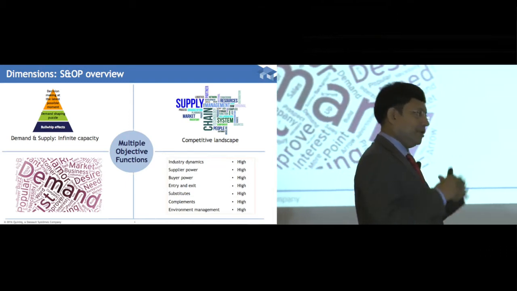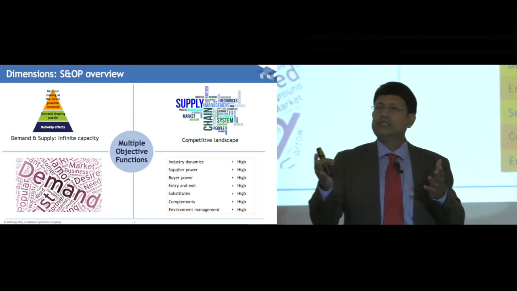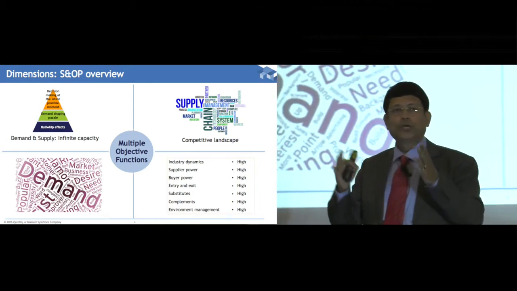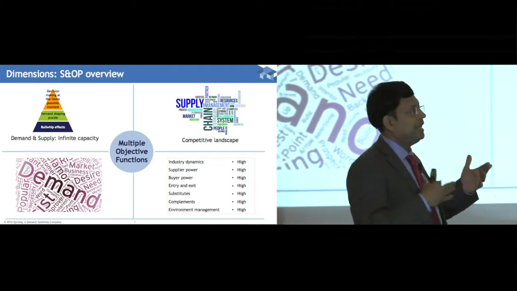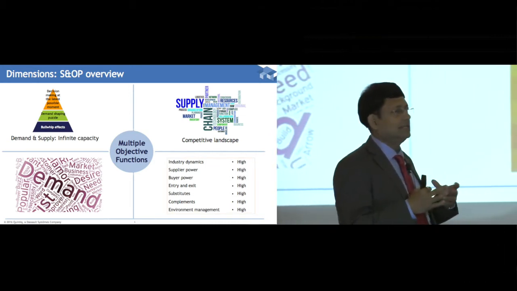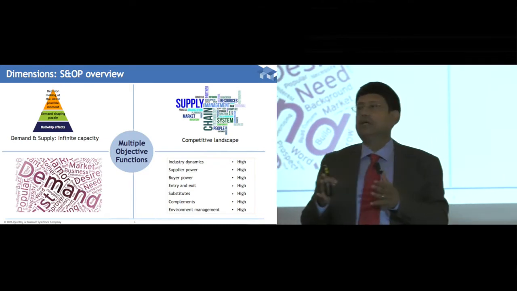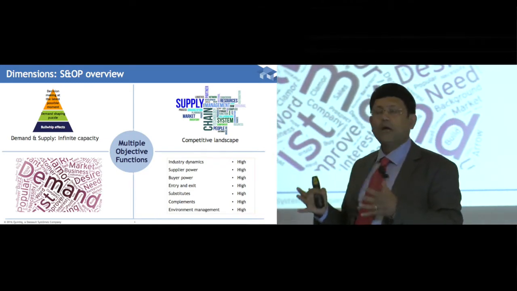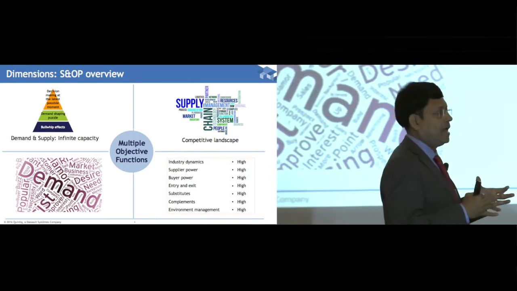Let me take another example, also from the fashion space. Zara, for example, was trying to put up a store, and it wants to change its designs, let's say, every 20 days or every 15 days. What kind of supply chain demand planning would you need to be able to cater to that?